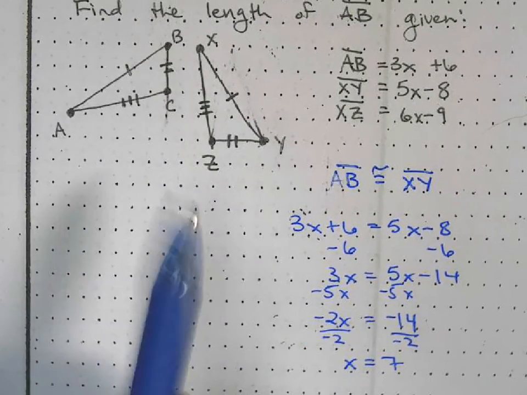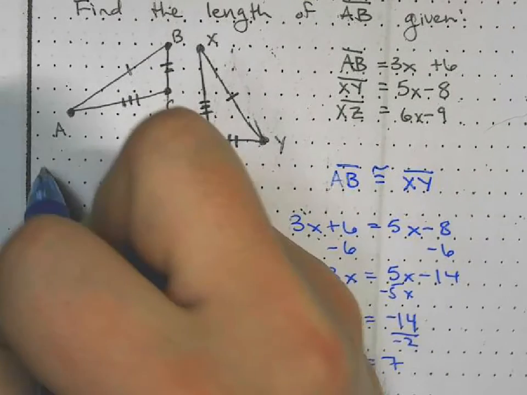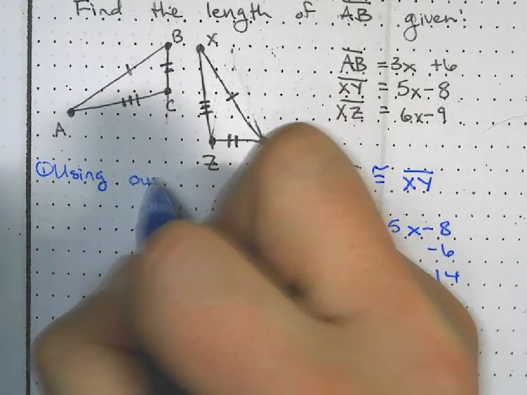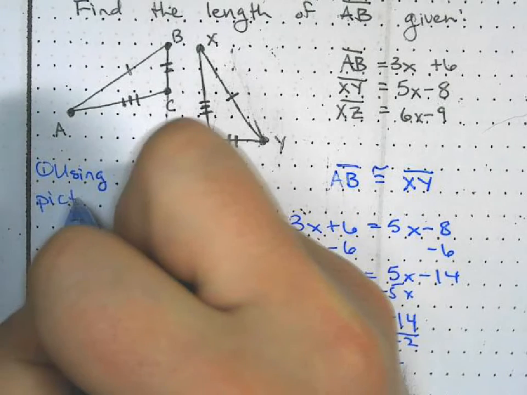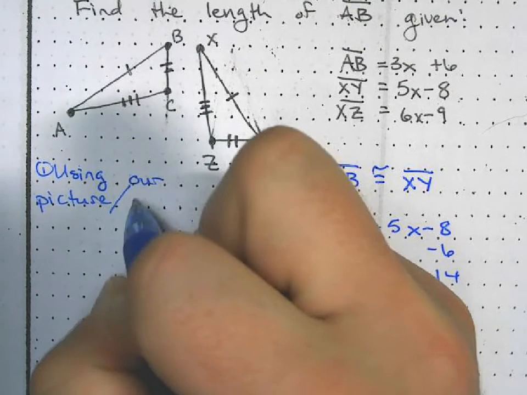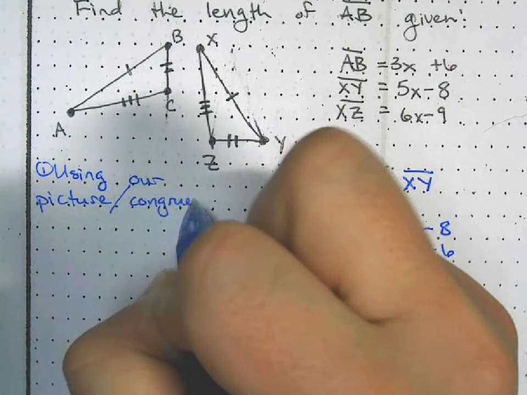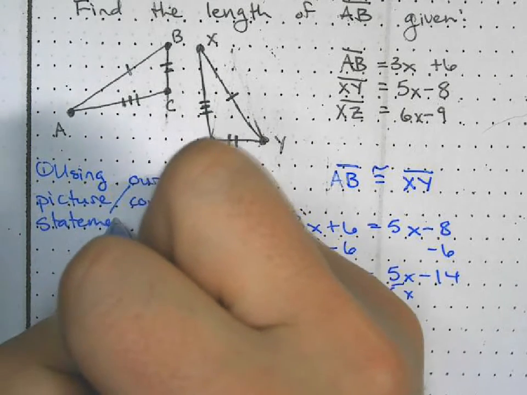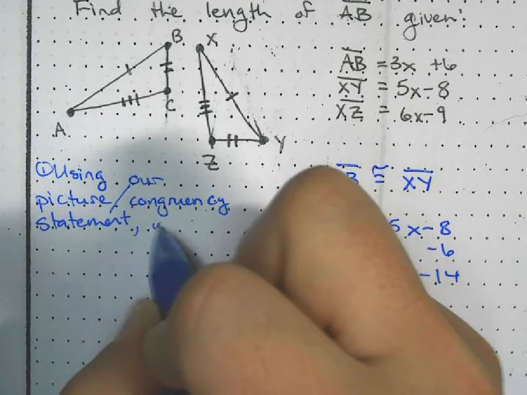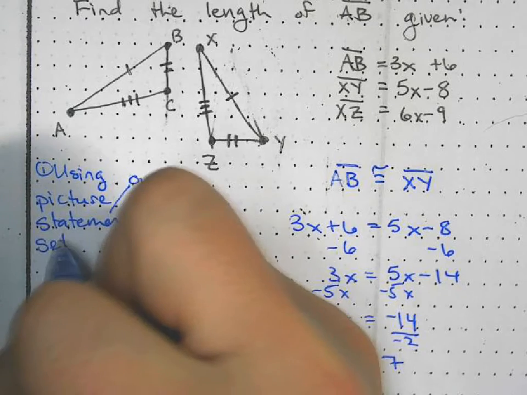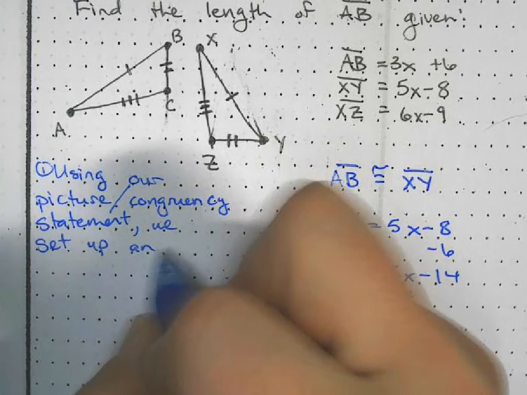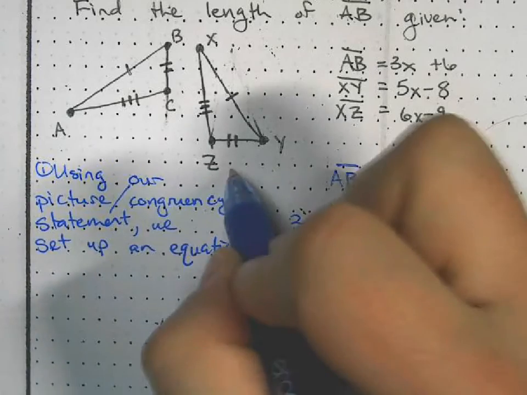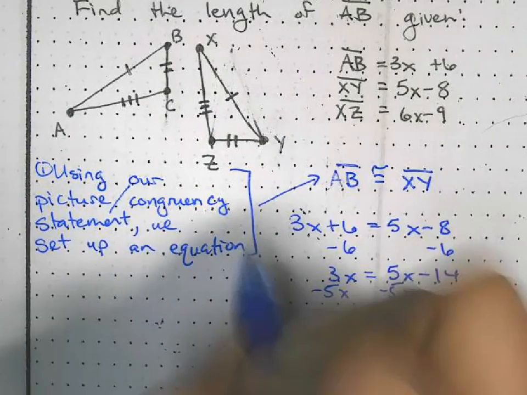So the first thing we did is, using our picture slash congruency statement, we set up an equation. That's this part and that part.